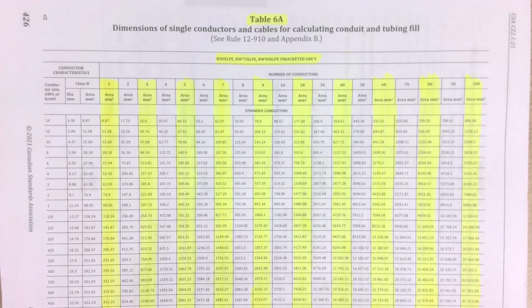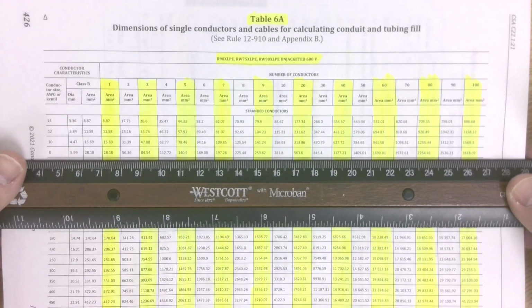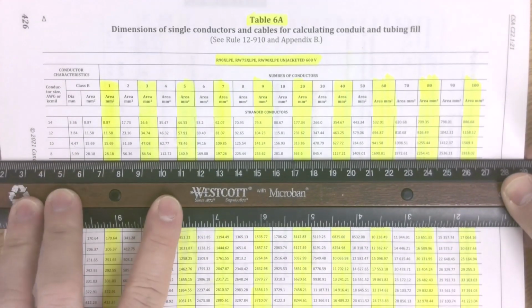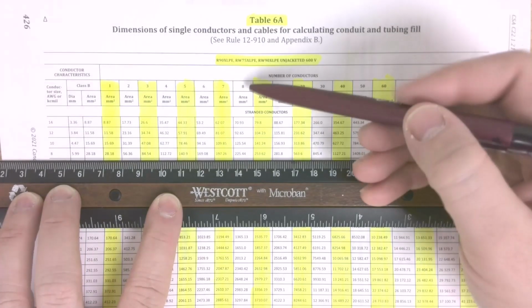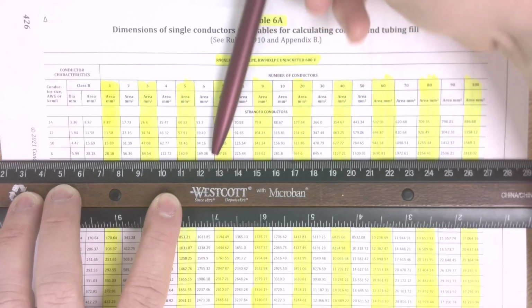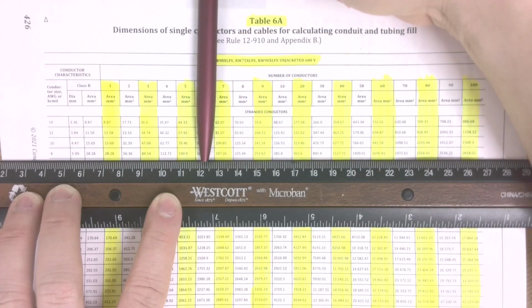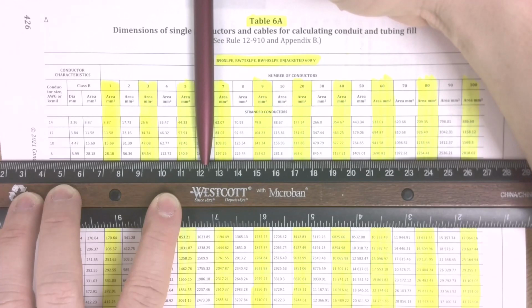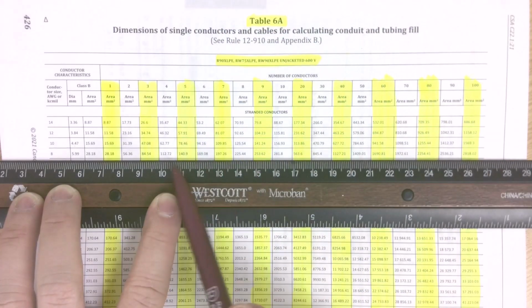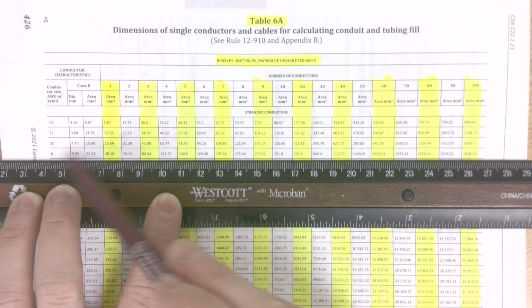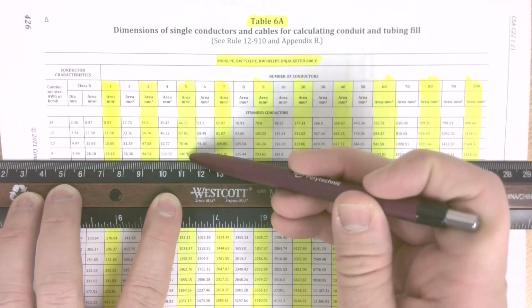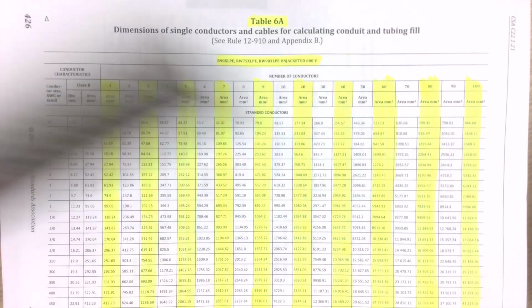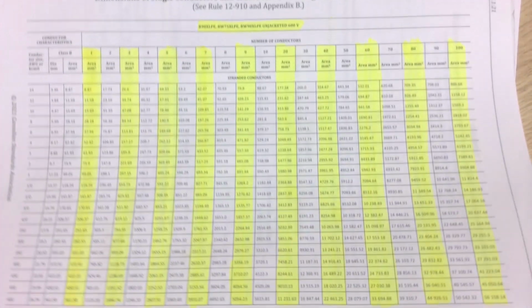And I have 5 8-gauge, so I'm going to put my ruler there, because I don't always trust my finger tracing abilities. And I could even put a pen here maybe to direct myself down the column for 5 of those conductors. And I can see right here that 5 8-gauge RW90 XLPE unjacketed 600 volt takes up the area of 140.9 millimeters squared.